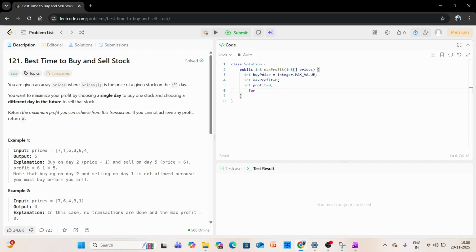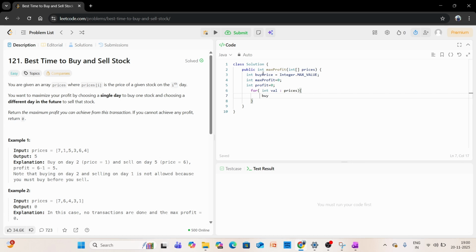Now we can use a for each loop here. Since we know the array consists of integer values, we can write int val for each value of prices. Here I am typing everything by myself because we need to practice this. We need to type everything on LeetCode or the compiler so that we can solve the problems in real-time interviews. So now the for loop is initialized. Now we can track our buy price.